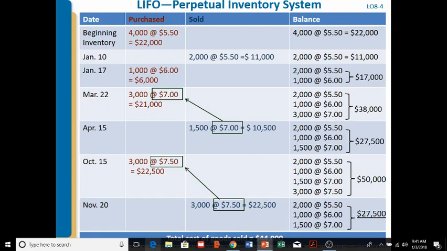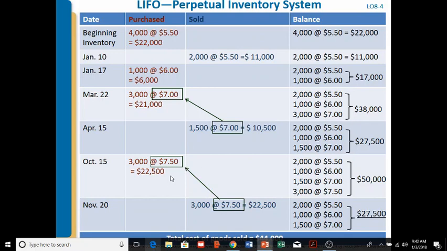And so what that's going to leave you with after that sale, you're going to record 1,500 at $7 per unit as your cost of goods sold, which is going to leave you with an ending inventory after that sale of 2,000 at $5.50, which you had previously, 1,000 at $6 per unit, and then instead of 3,000 units at 7, it's now 1,500 units at 7.